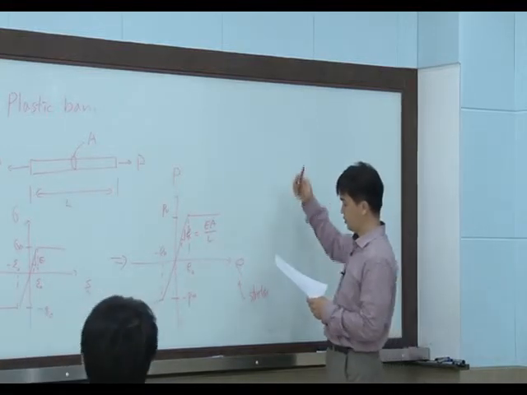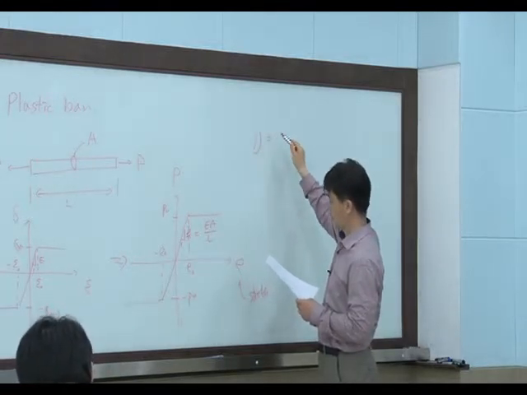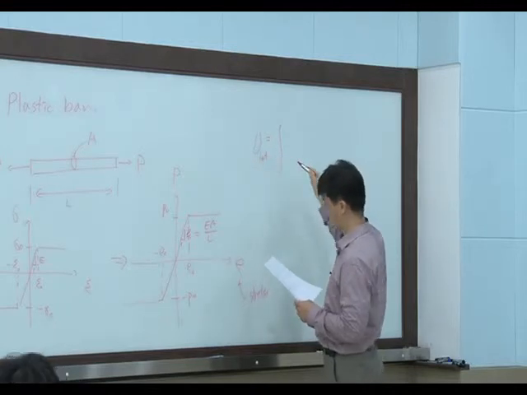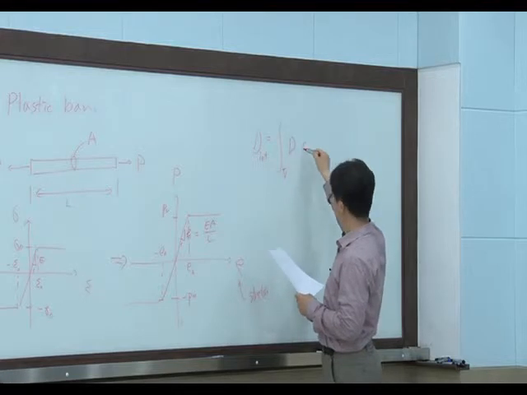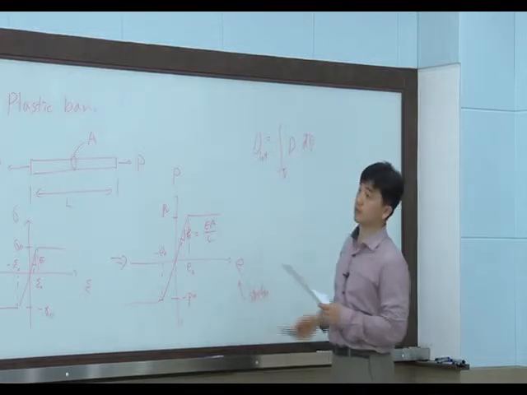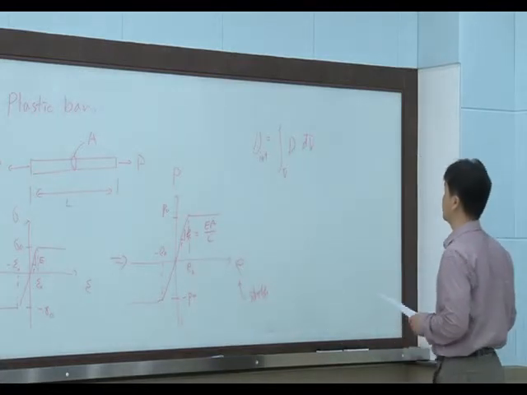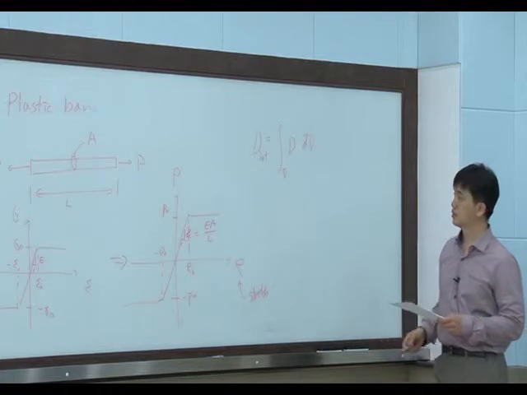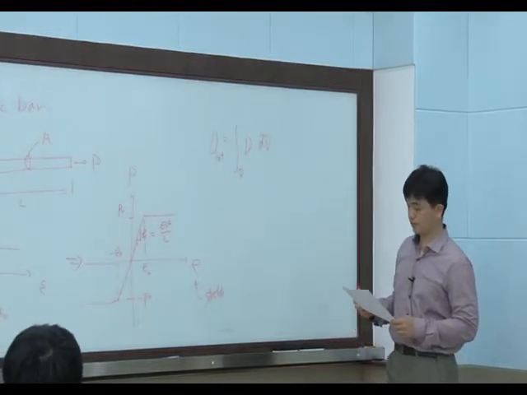So the rate of dissipation in a bar, let's say this is the internal dissipation, can be calculated from the rate of dissipation per unit volume, and I integrate this over all the volume.